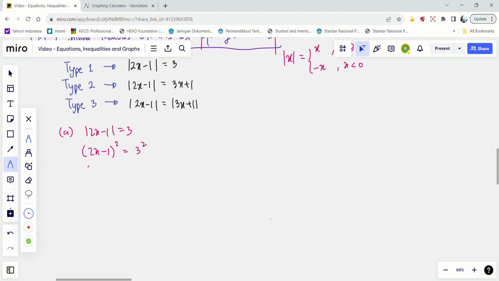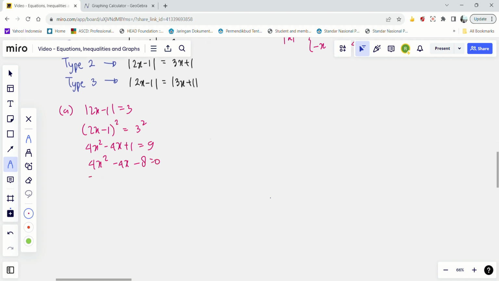So we have 4x squared minus 4x plus 1 equals 9. To make it simple, let's divide by 4. Then we factorize, so we now have the solution x equals 2 or x equals -1.